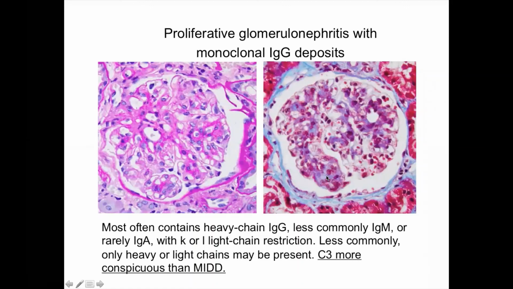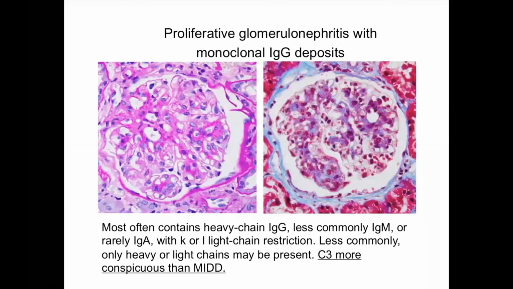So if we see on IF positivity for IgG plus restriction of either kappa or lambda, and then we see on light microscopy that we have hypercellularity, we are more likely dealing with proliferative glomerulonephritis with monoclonal IgG deposition, and this can cause crescent formation in some instances.